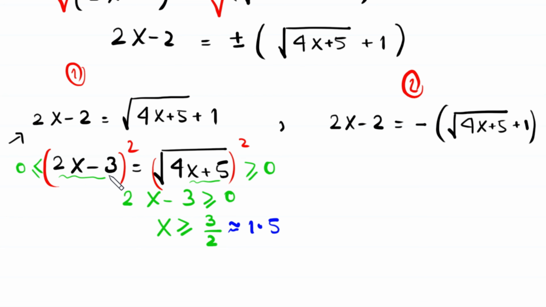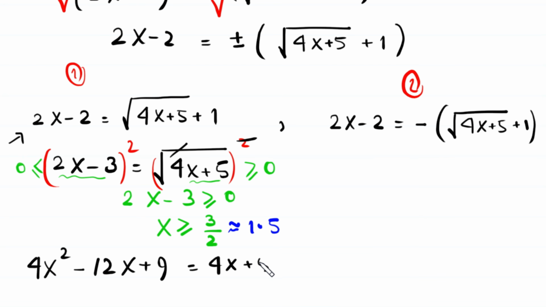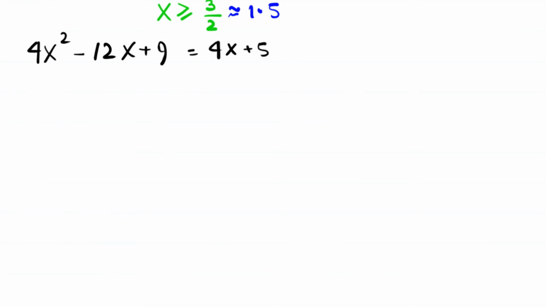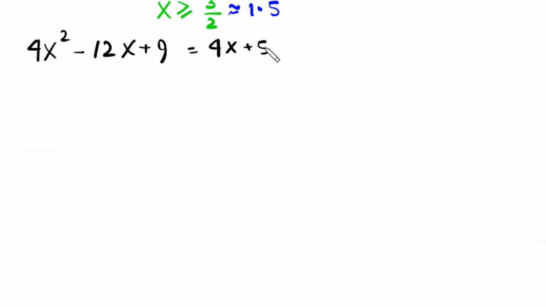Expand this 2x minus 3 whole squared. This will become 4x squared minus 12 times x plus 9 equal to, the square will be cancelled out with the square root, this will become 4x plus 5. Move these two terms to the left hand side.